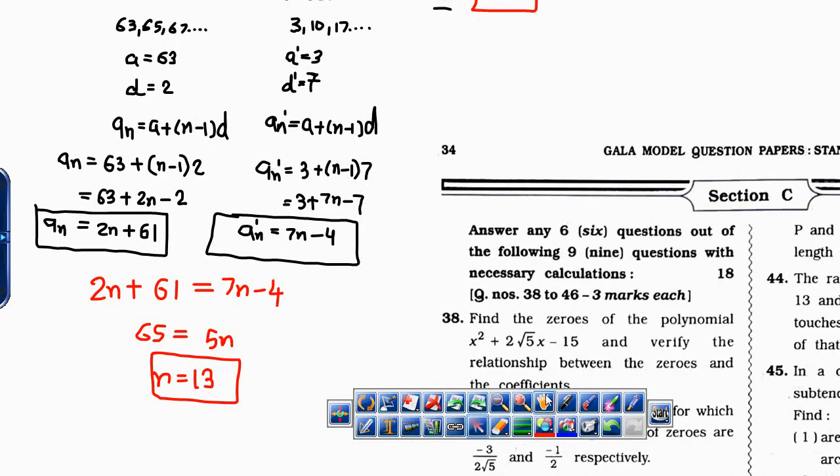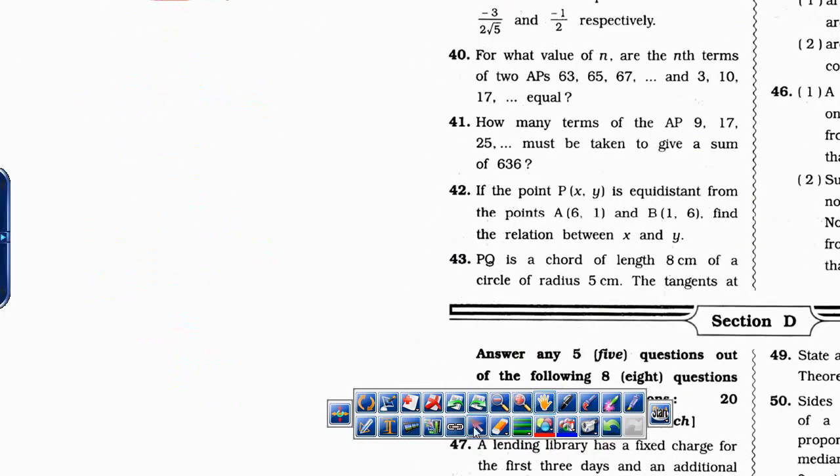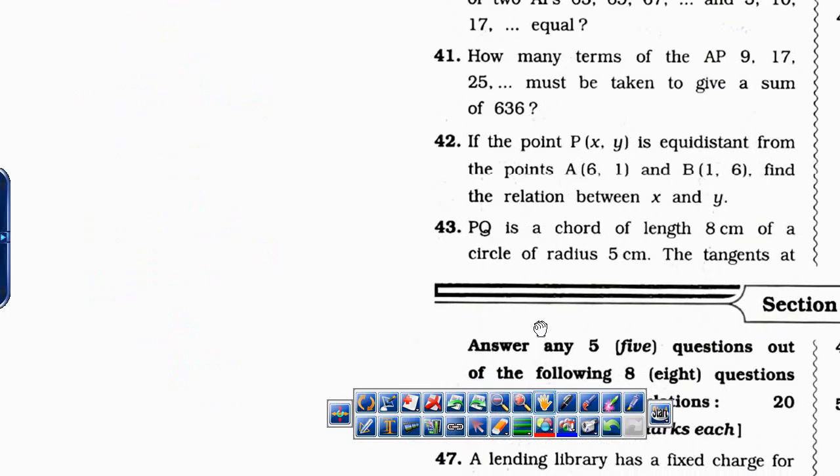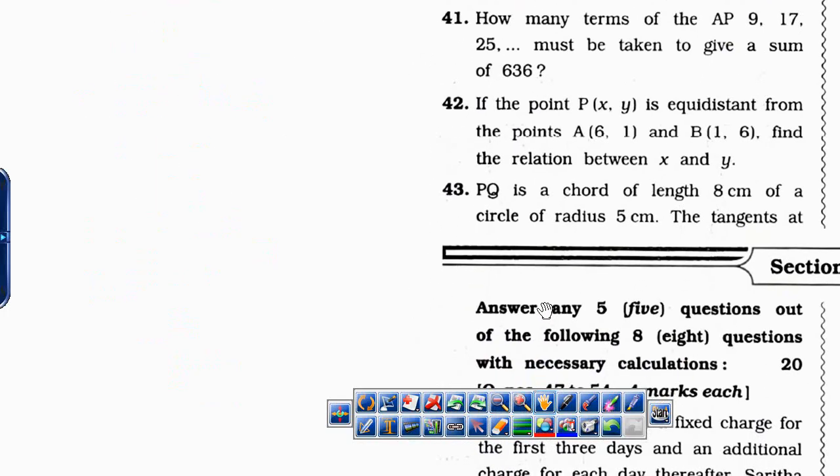Sum number 41. How many terms of the AP must be taken to give a sum of 636? How many terms? n. a is 9, d is 8, Sn is 636.